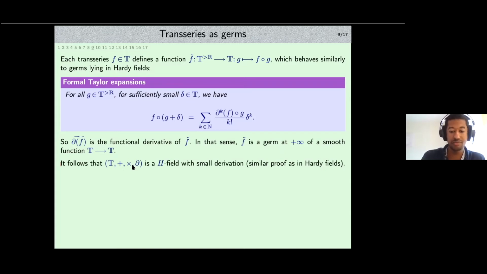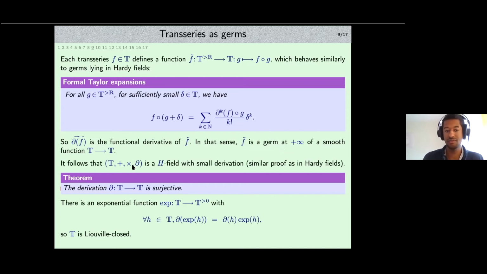And so you also have nice closure properties. The first one is that it is UV closed. So you can do this in two steps. First, the derivation is surjective. It's not really difficult to prove. It's difficult in a formal sense, but it's very intuitive.